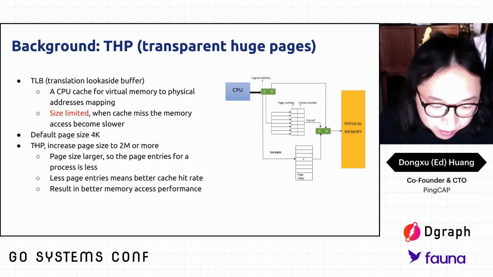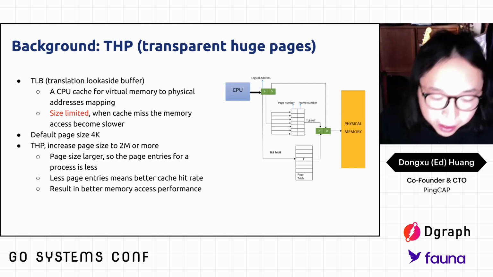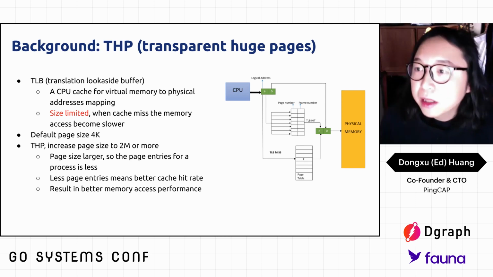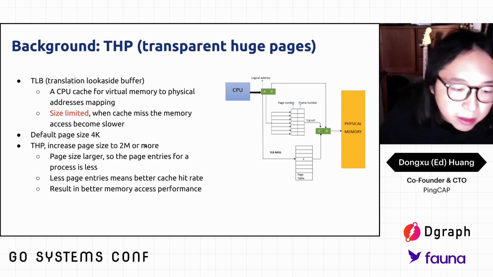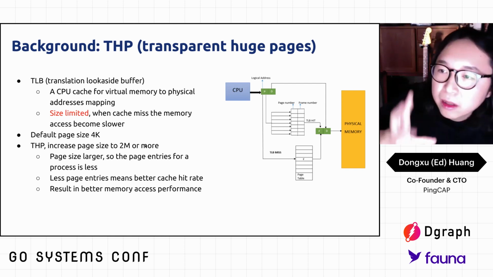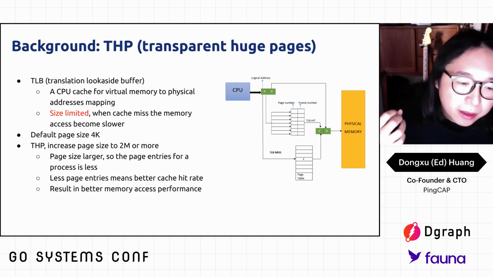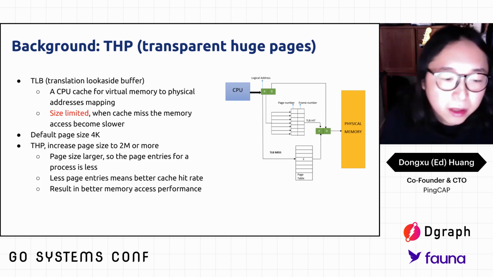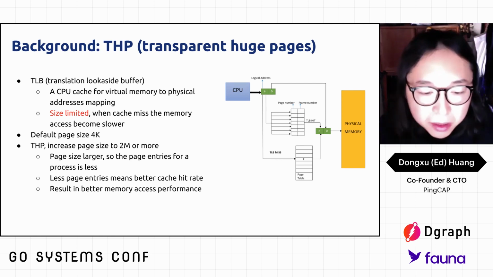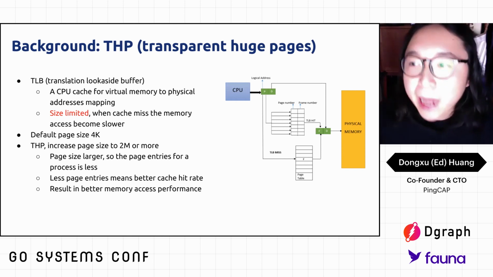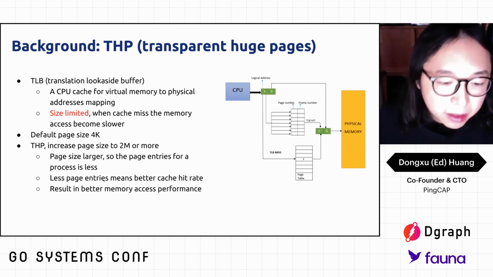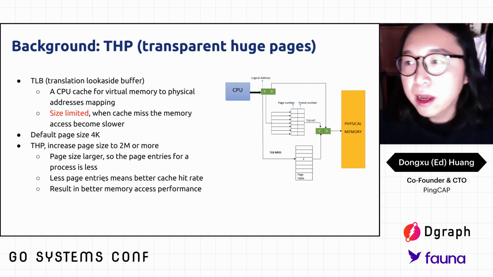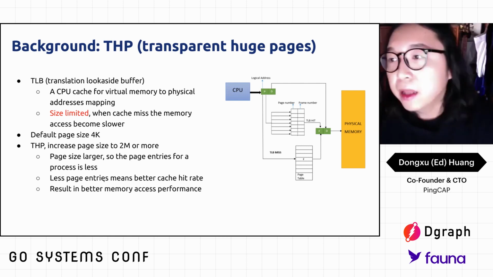So the idea behind THP is that if we increase the memory page size to 2 megabytes or more, the number of page entry records goes down. That means the percentage of cache hits will go up, so random memory accesses can have better performance.